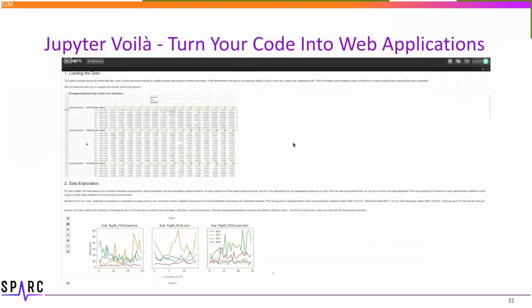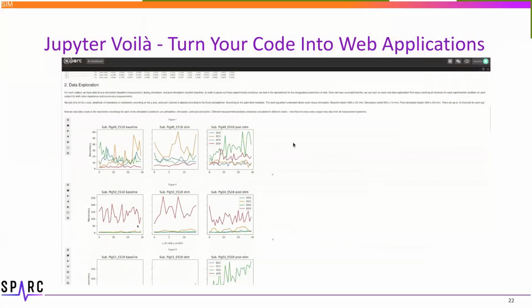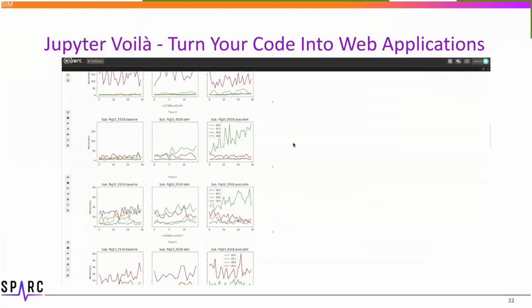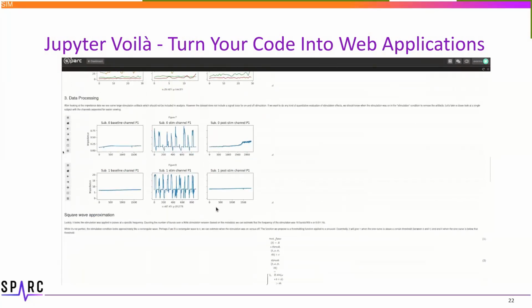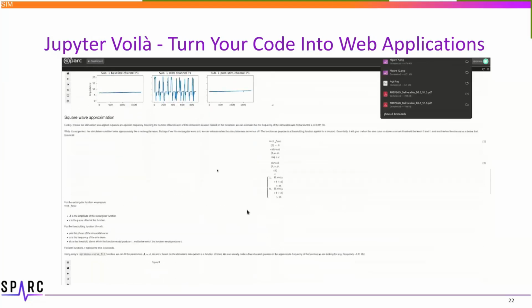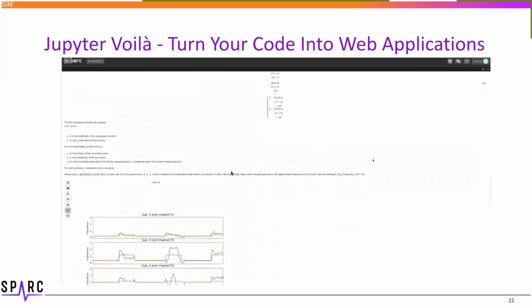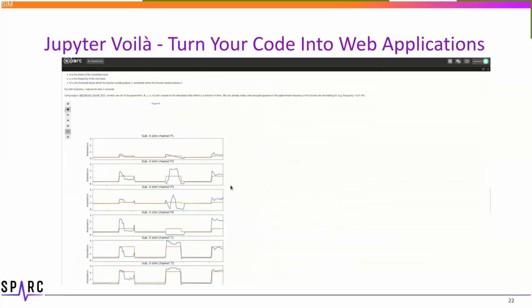So first of all, what is this Jupyter Voilá and what kind of web application can you develop? Here we have a live example of a Jupyter Voilá notebook, where people just see markdown text, they can interact with figures, they can do different things.